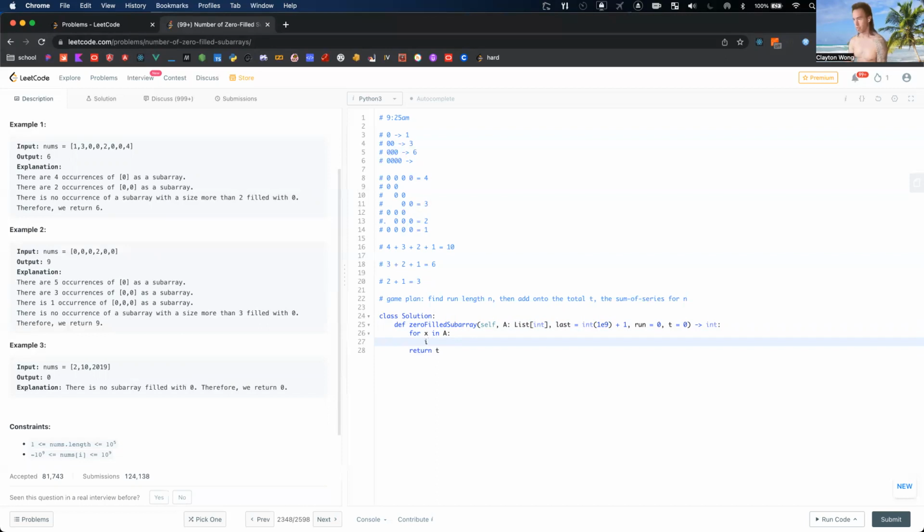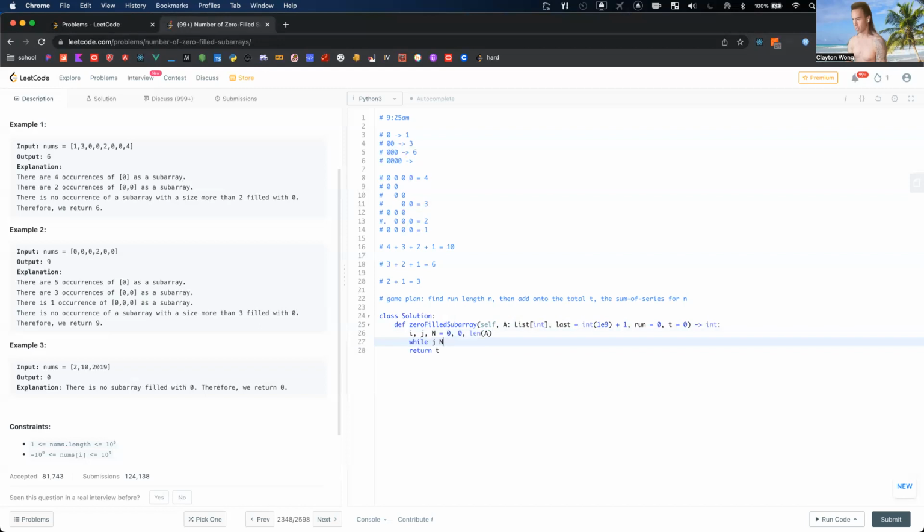So if not x, actually, how do I want to accumulate the count of zeros then? Right, I want to just use i and j as a sliding window. That works, right? i, j equals 0, 0. Then n will be the length of a, the cardinality of a.